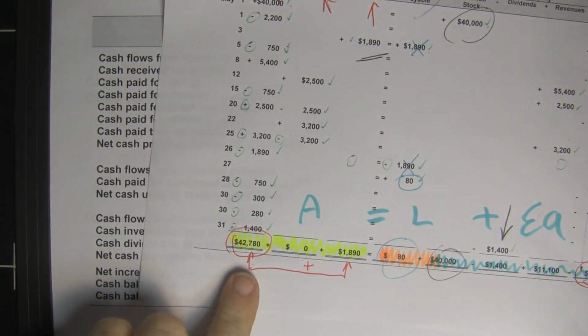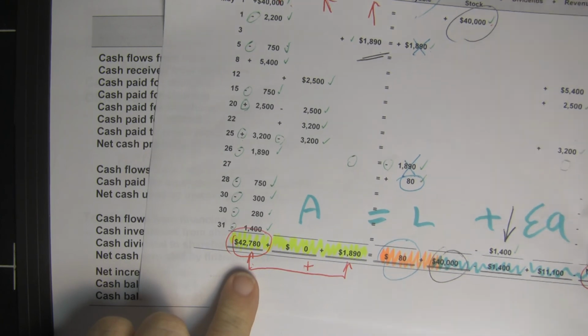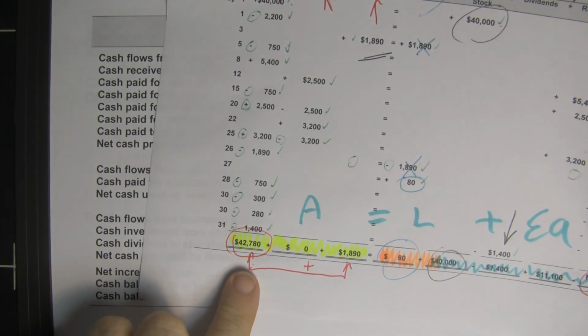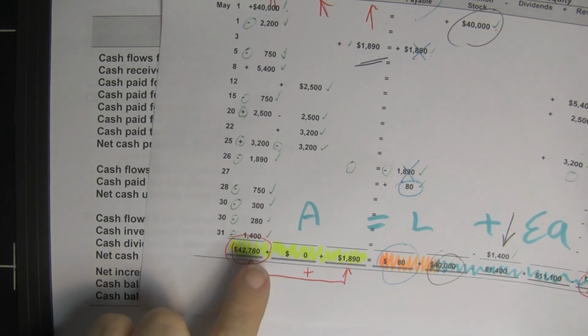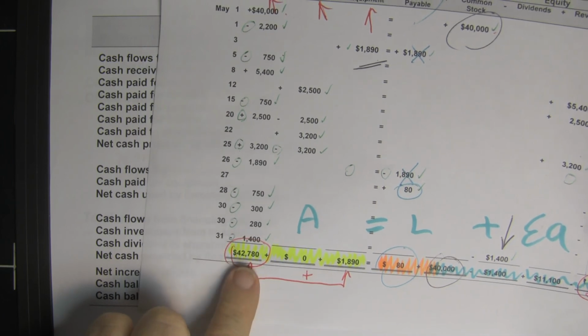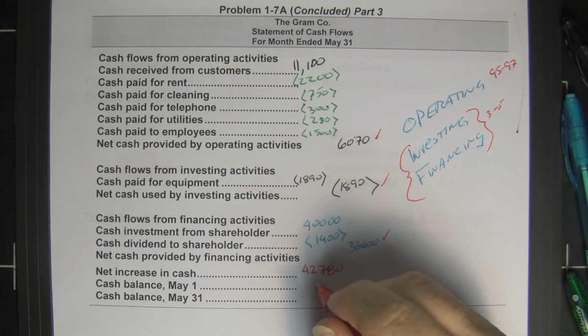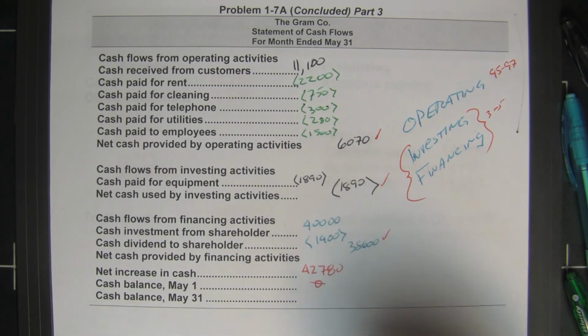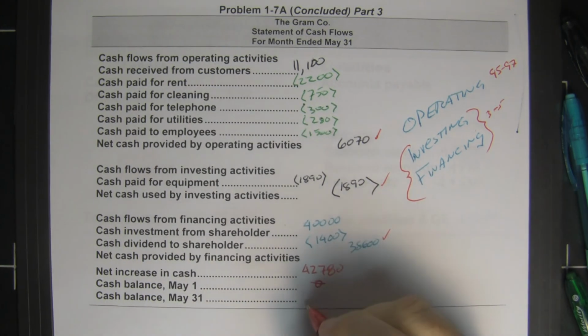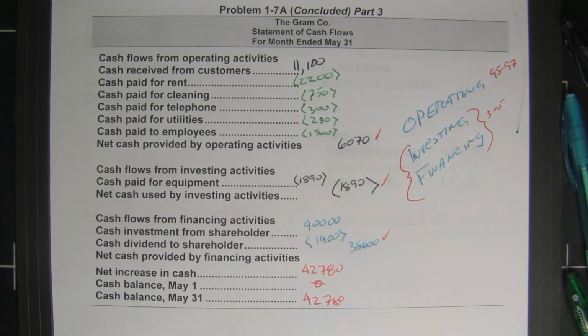That's the number that's reported on the balance sheet. So when you're doing a statement of cash flows, you know what your answer is. You know where your ending number should be. And if it's not that, you've done something wrong. This was our first month of business, so we had nothing to begin with. So our ending cash was $42,780.